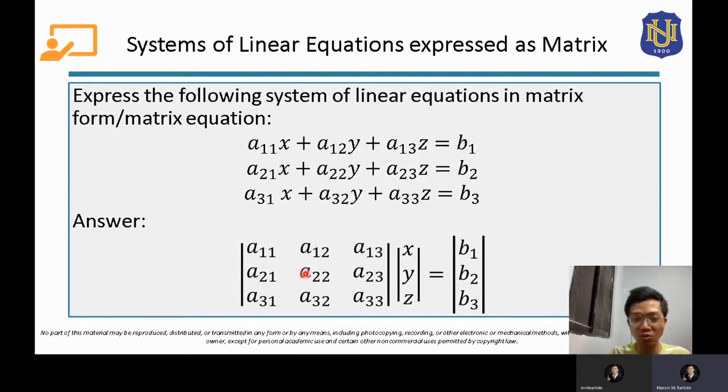If we do the same to the second row and third row, multiplying it by this column and equating it to the constants, it will give you the second and third equations. So this is really equivalent to this system of linear equations. This is the matrix form or matrix equation of this system of linear equations.